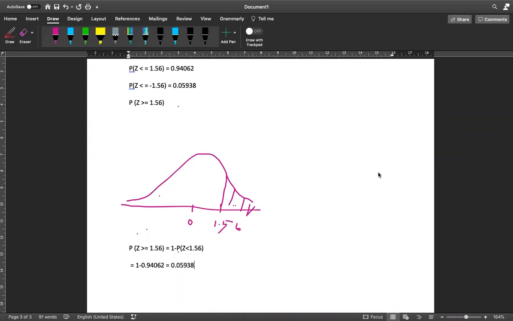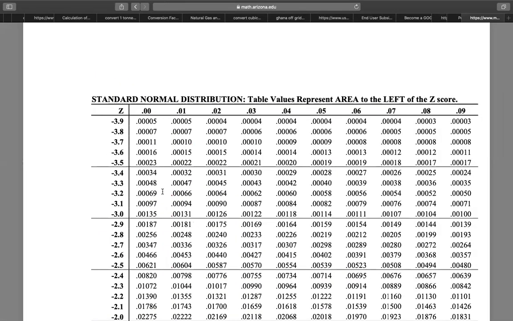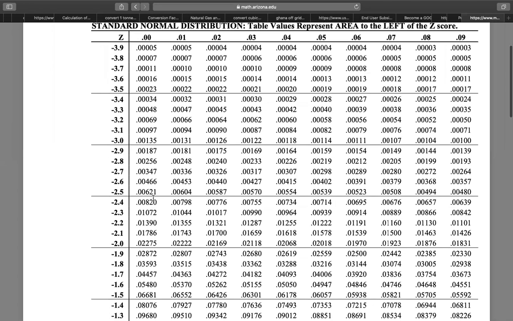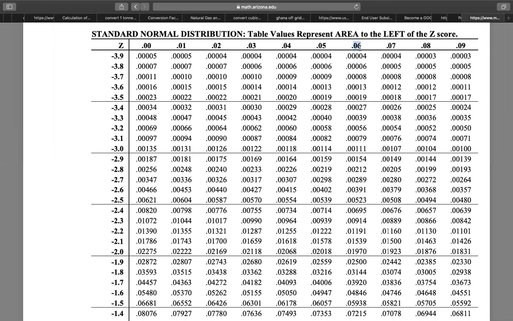Then we went to the table and picked a decimal portion on the vertical left side, and then took the one above on the horizontal, which was also a decimal.